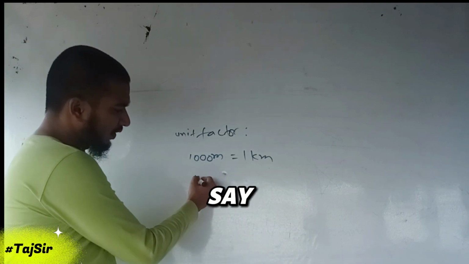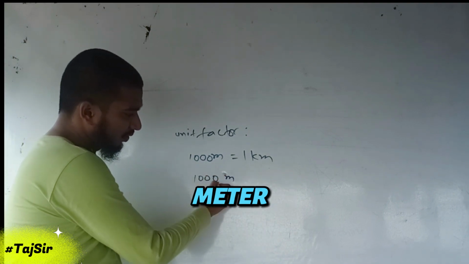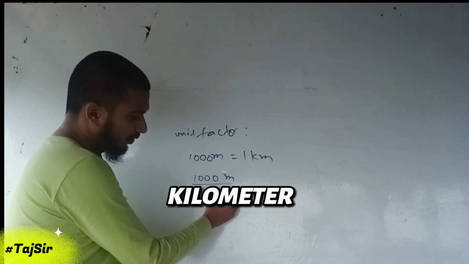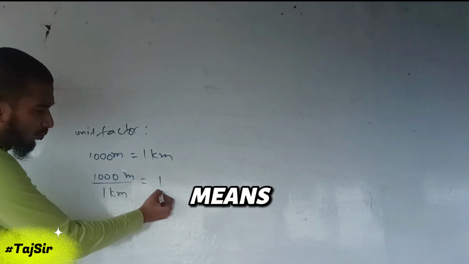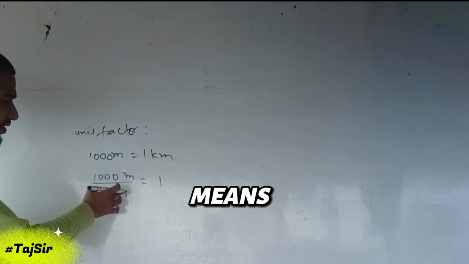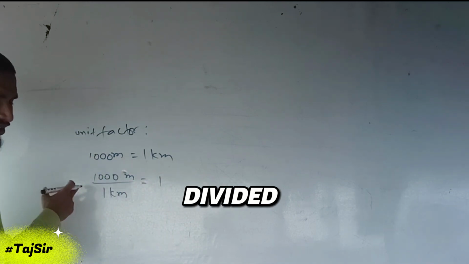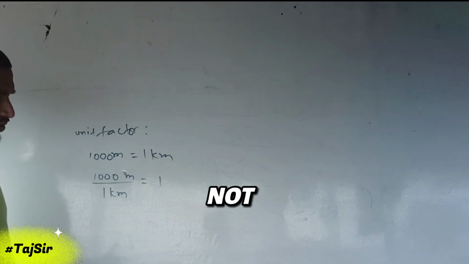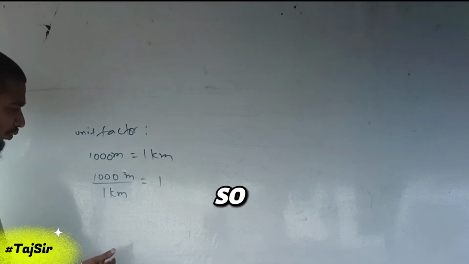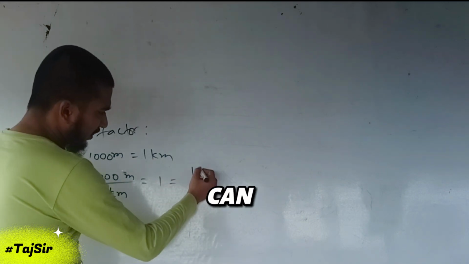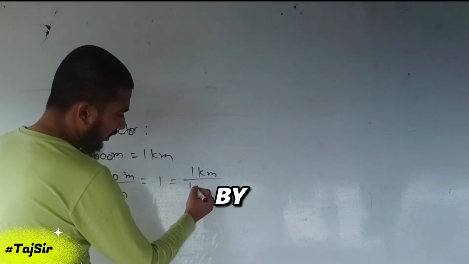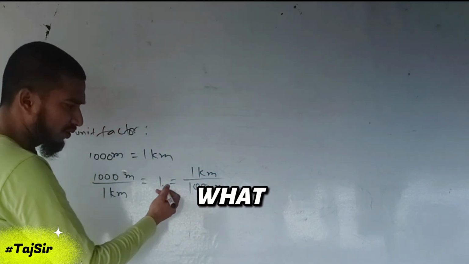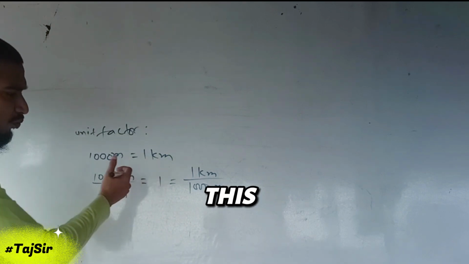So we can say 1000 meter divided by 1 kilometer. What does it mean? It means one, unity. The same thing is being divided, just written in different notation. Even if we divide 1 kilometer by 1000 meter, we get this one.